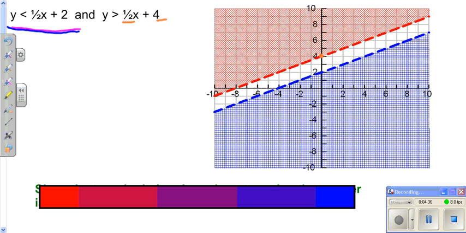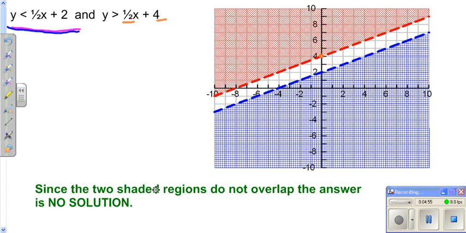Y-intercept of 4, up 1 over 2 for your slope. And it's greater than, so that's this one up here. And it's an and statement, so you're looking at where these two overlap. Does the red region overlap with the blue region anywhere? The answer is no, so your answer for this one is the empty set. It has no solution since there's no place where they both overlap each other.